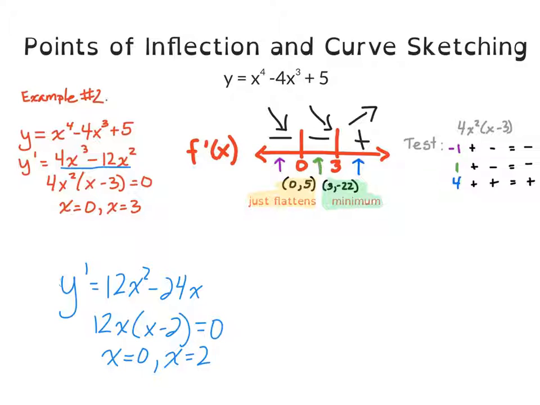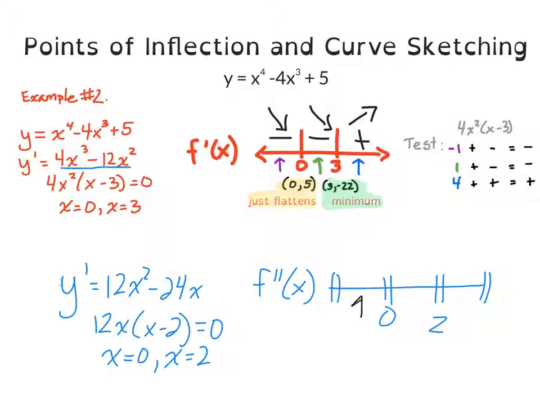If we do our sign analysis, remember this is the second derivative, which describes concavity. So I'm going to draw my chart with the 2 slashes, and I want to add in 0 as one and 2 as the other. Now I need to test here, here, and here to describe concavity, and I test there by using the factored form.